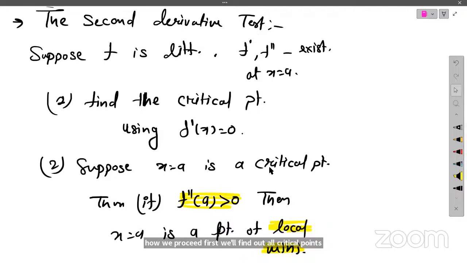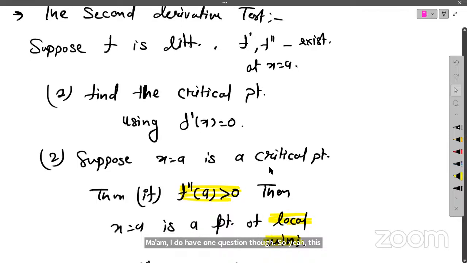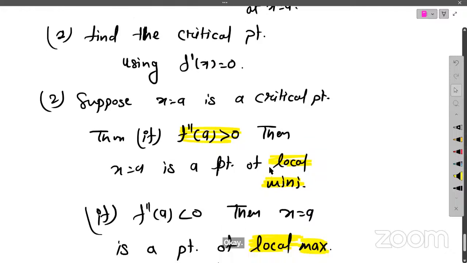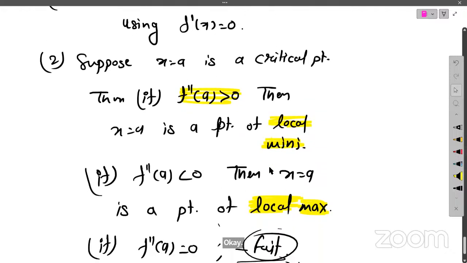Ma'am, I do have one question though. I'm aware that if f double dash at a is greater than 0, then it's a minima. But is there any reference where I could find out why f double dash at a greater than 0 is to be considered as the minimum?